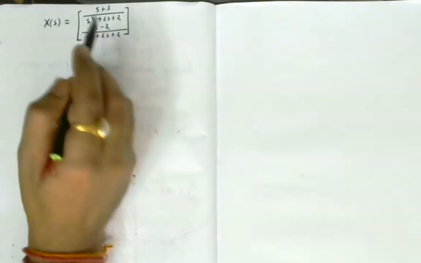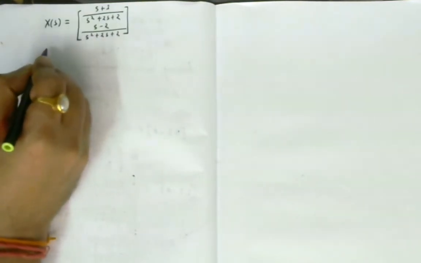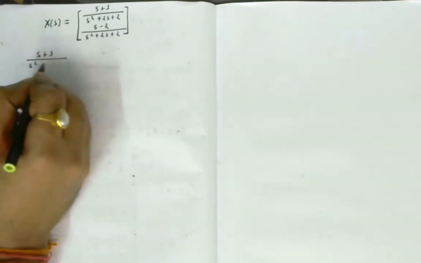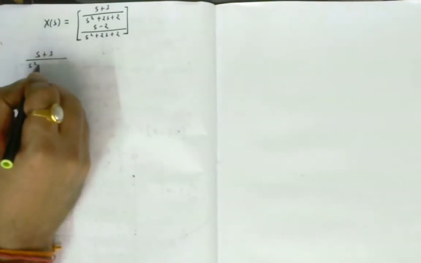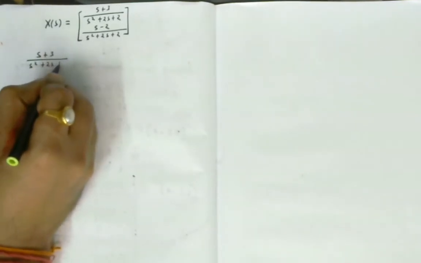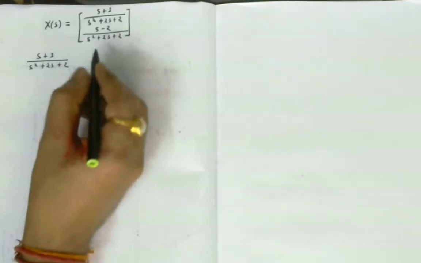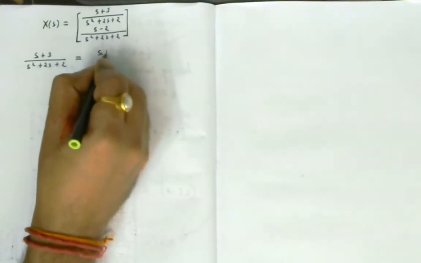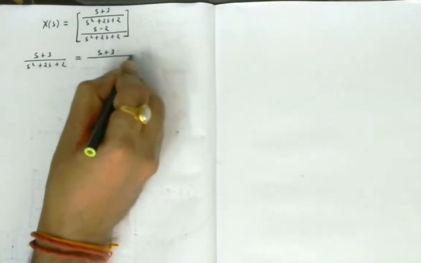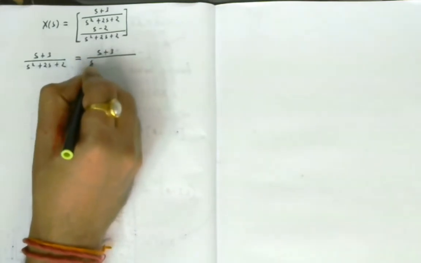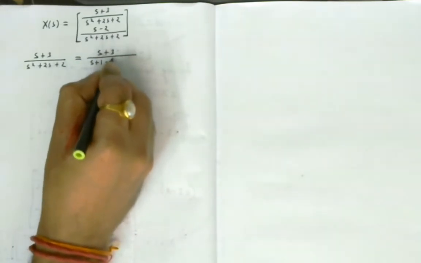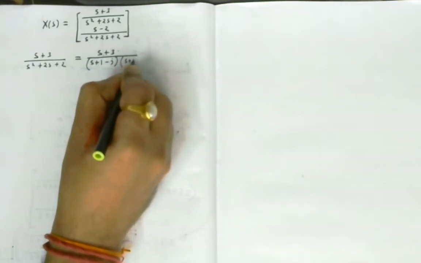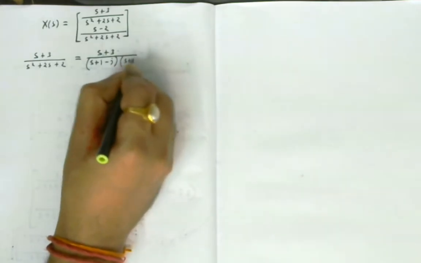So let's do it one by one. First I'm taking the x1 solution, X1(s), and you have to take partial fraction. Since it's complex, you break it into complex parts, real and imaginary part.